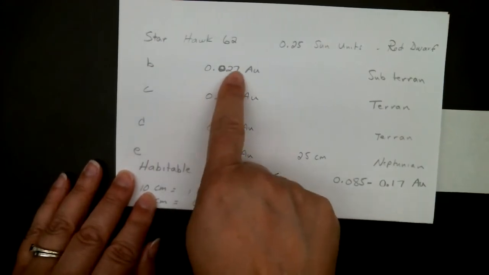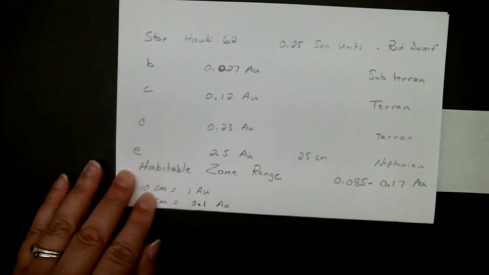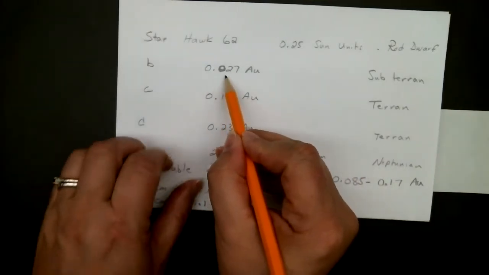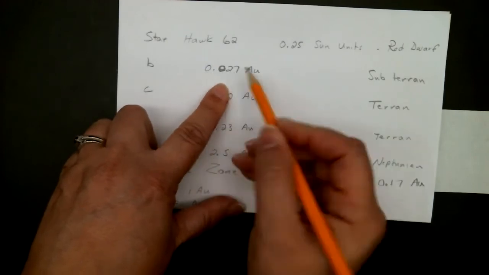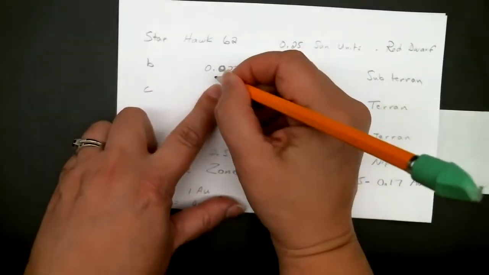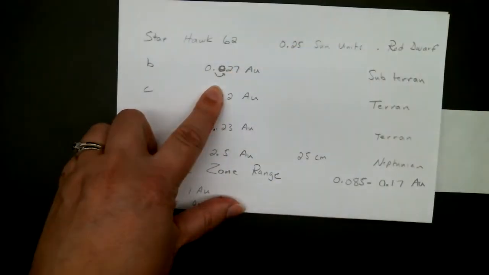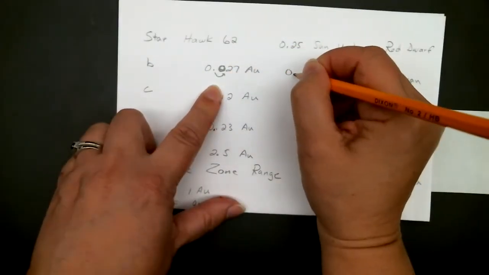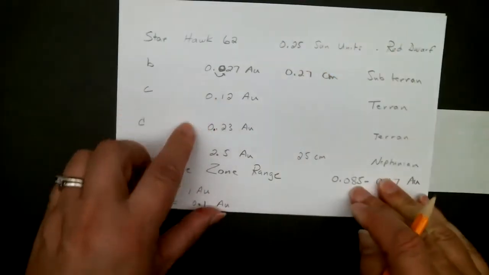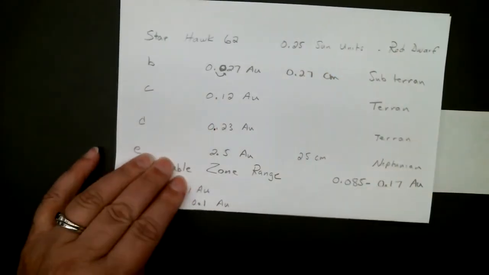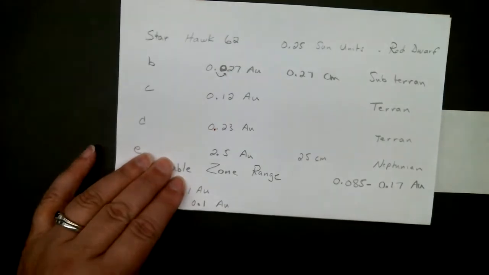So my first one is that, and I need to multiply this by 10. 0.027 times 10 is just moving the decimal point one place. So it's 0.27 centimeters. All right, and that is 2.7 millimeters.